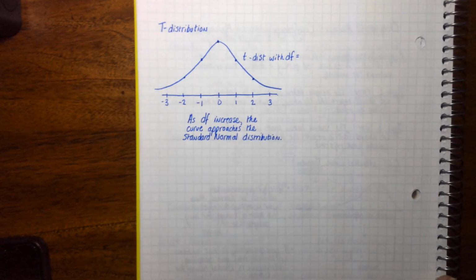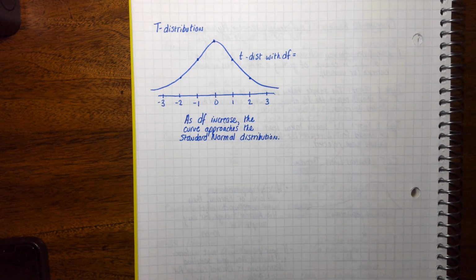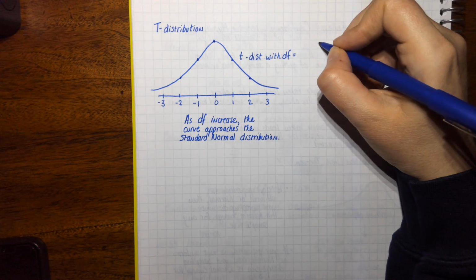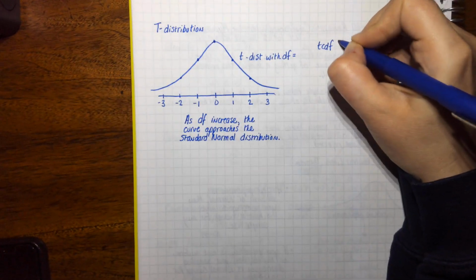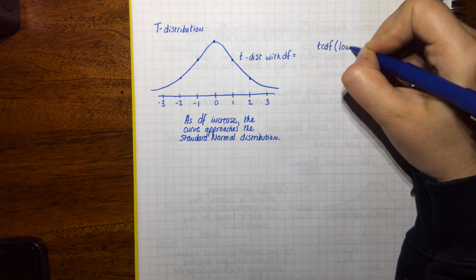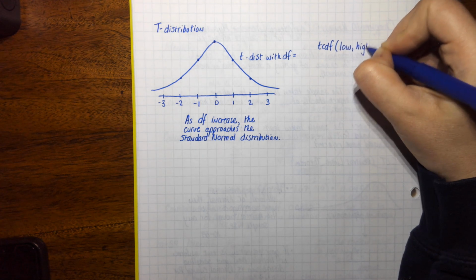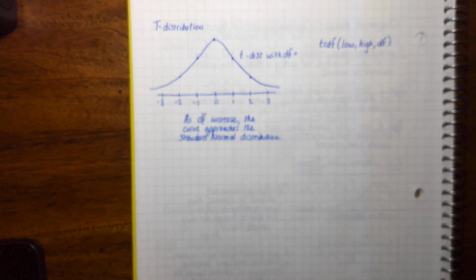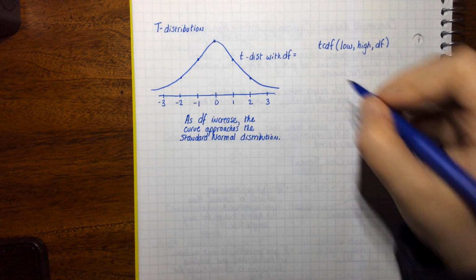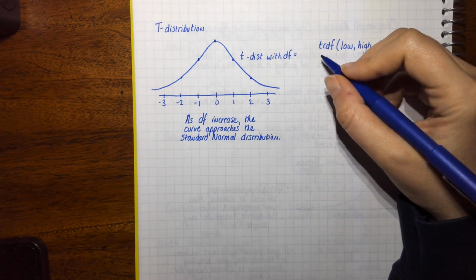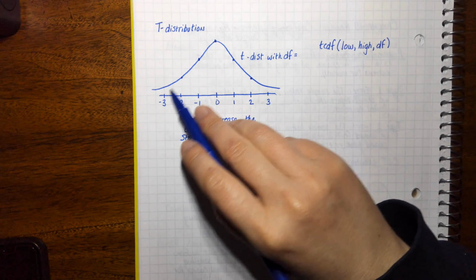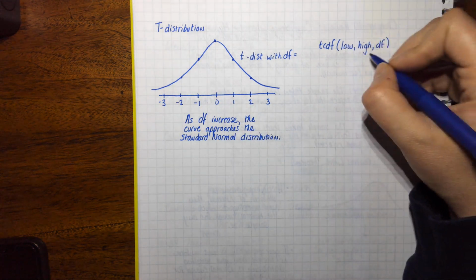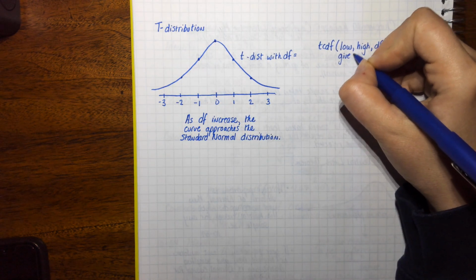A couple of things. There is tcdf, which takes low, high, and degrees of freedom. tcdf is used when you have a t-value and you want to find the area. So this gives you area.